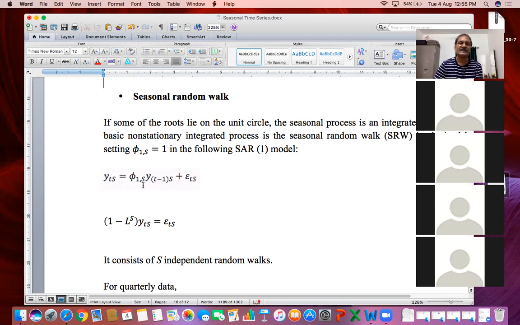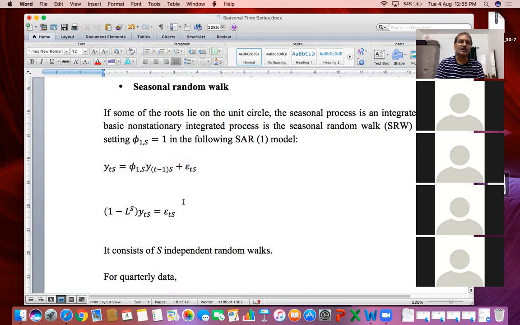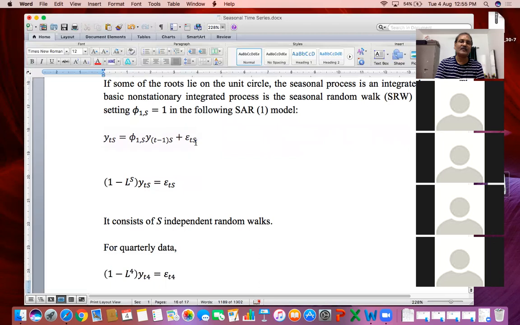Let us try to understand the concept of random walk in the case of a quarterly series first, then we can expand our analysis later on. So this is the AR(1) process in general for seasonal frequency S. If we set phi_1 equal to 1, the expression simply looks like this. After setting phi_1 equal to 1, we have a behavior called random walk.